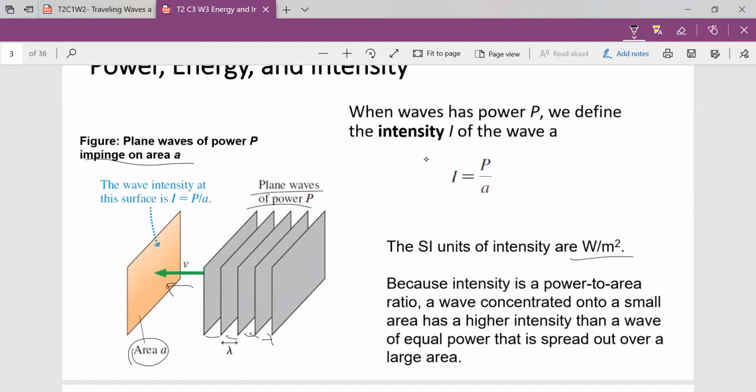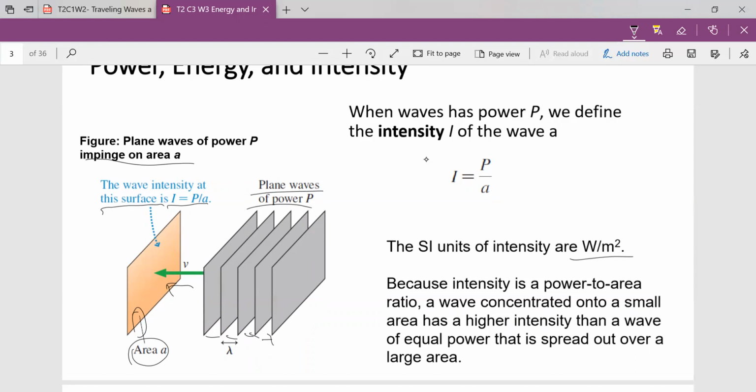Then we'll have the wave intensity at the surface given as P over A, where A is the area of that plane.